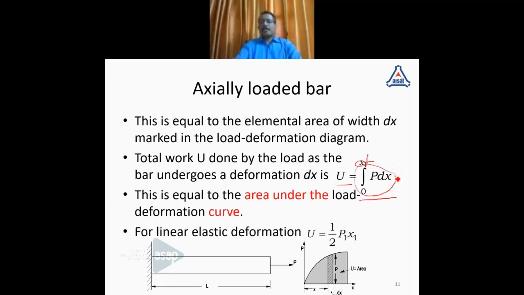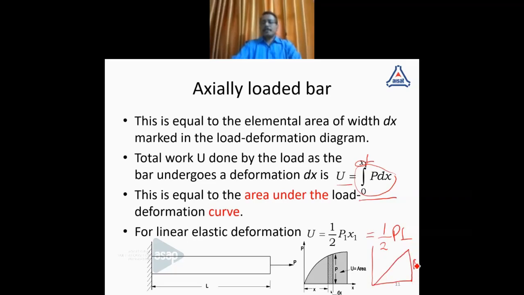So we can write it like this, or we can write it as half P into L, for linear elastic deformation. For linear elastic deformation, this curve will be a straight line.